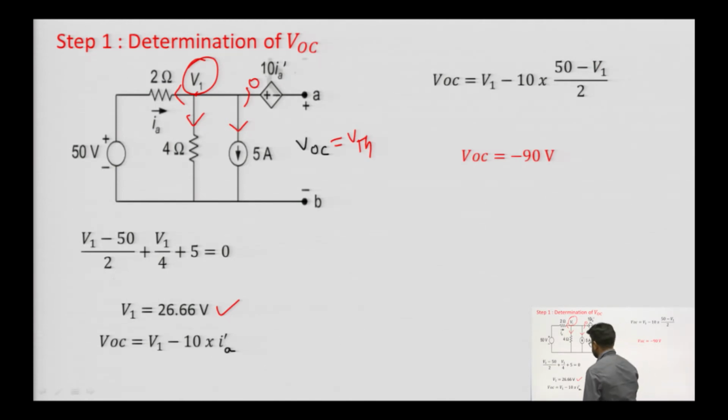Since V1 is 26.66 volt, now VOC will be equal to V1, since there is no current flowing in this branch.